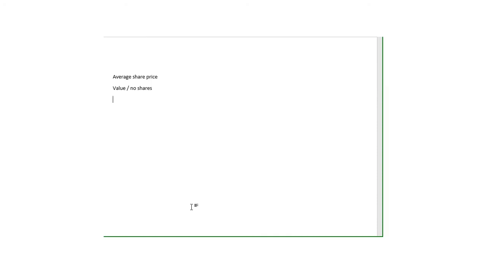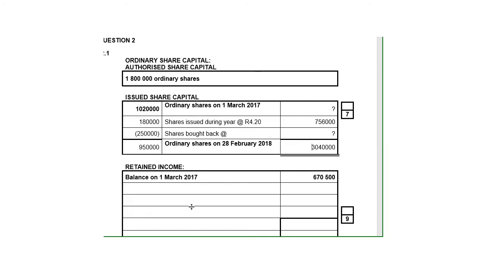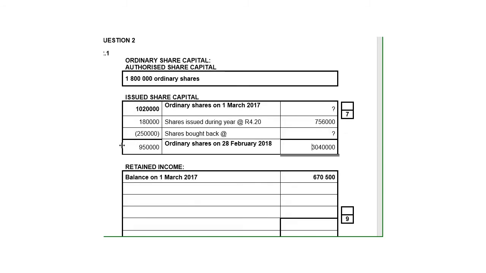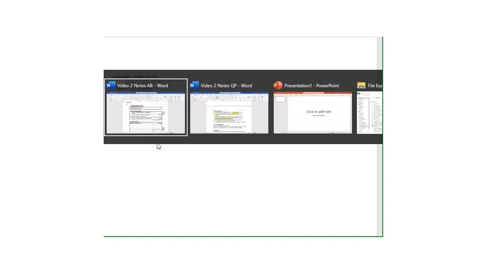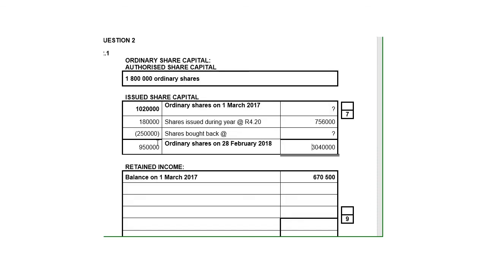So the value at the end was 3,040,000, divided by the number of shares, which is 950,000. And that gives me 3 Rand 20. So my average value is 3 Rand 20. So the value per share, which must be the average, 3 Rand 20.